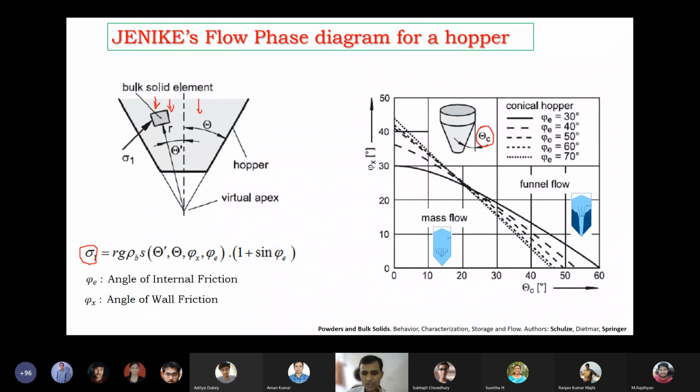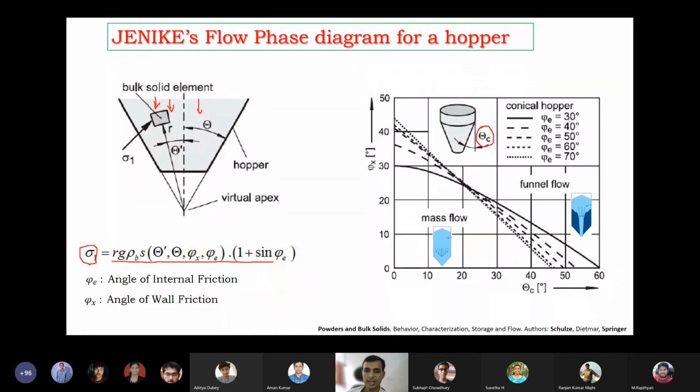So Jenike, instead of making a derivation, has brought out an empirical relationship from various experimental results.